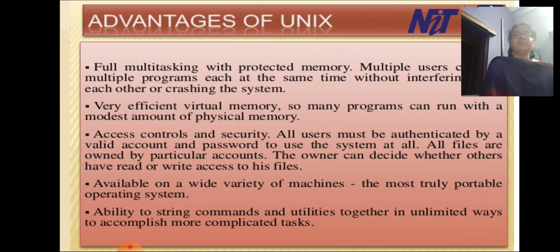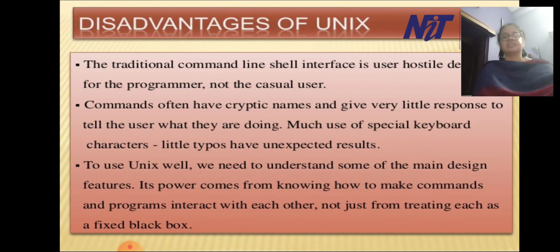Perhaps the greatest advantage of the Unix operating system is its ability to string commands and utilities together in unlimited ways to accomplish more complicated tasks. Disadvantages of Unix. Perhaps the primary disadvantage of Unix is the steep learning curve associated with using the software.